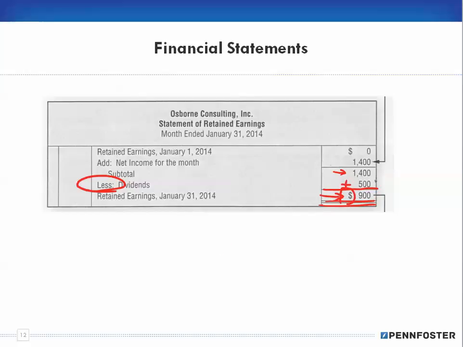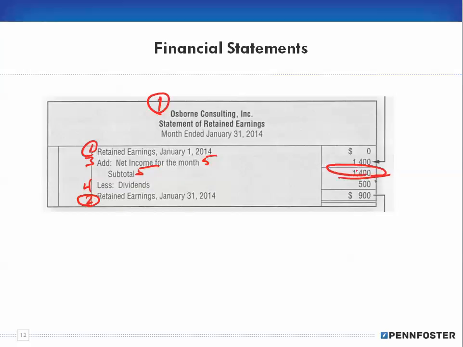So that's the process I go through in creating the statement of retained earnings. I write in the heading, I write the beginning date, I write in the ending date, I write in the add and the less, then I write in the net income and the subtotal and do the math.